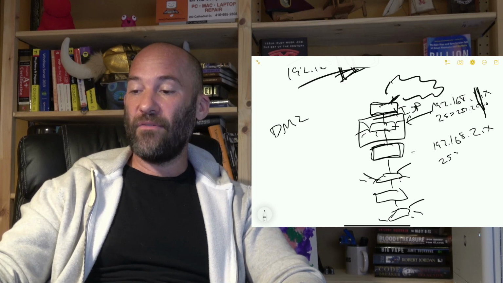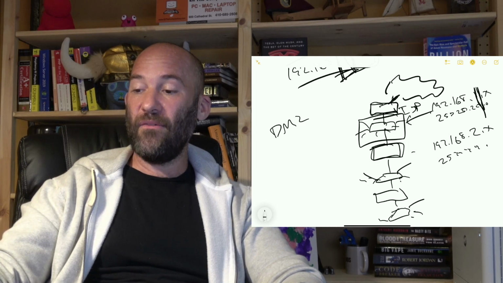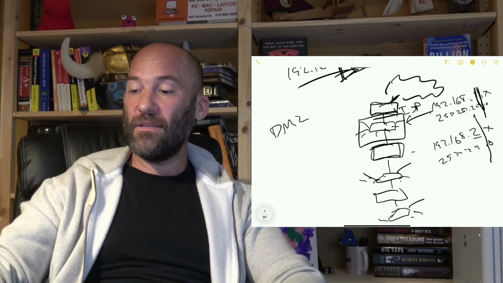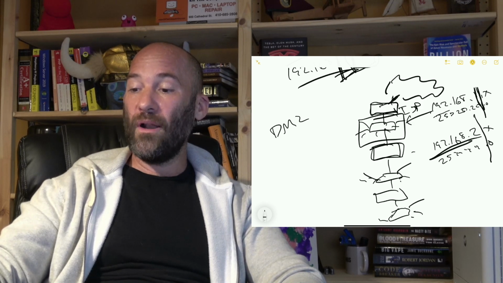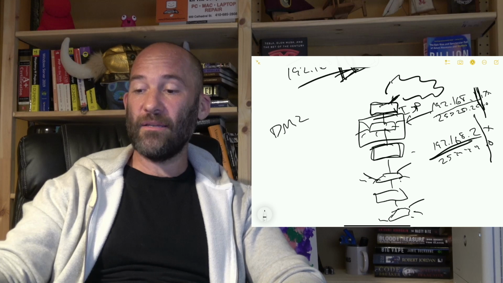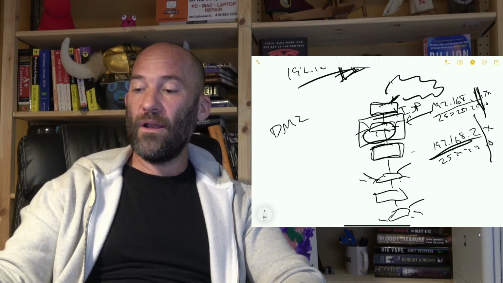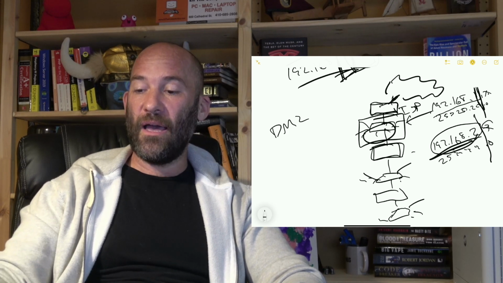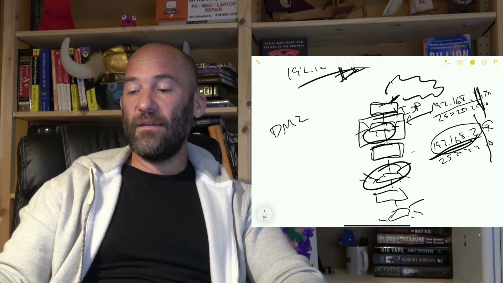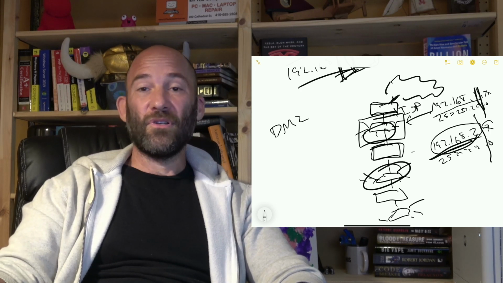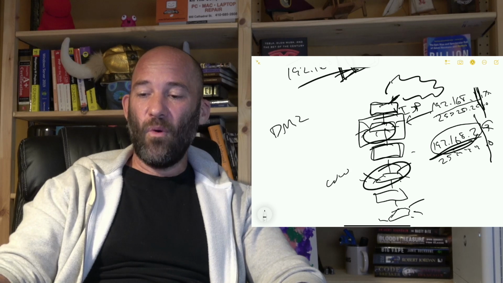So again, it's 255.255.255.0, and this is the network ID. So 192.168.1.x is this network, 192.168.2.x is this network. And then let's say I put servers there. So let's say I have like my web server.